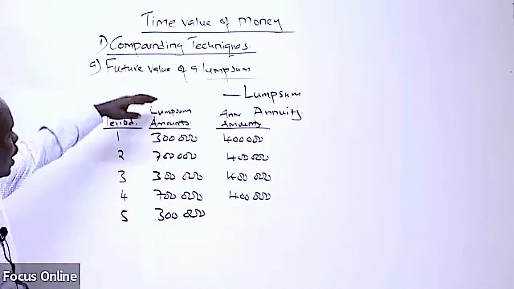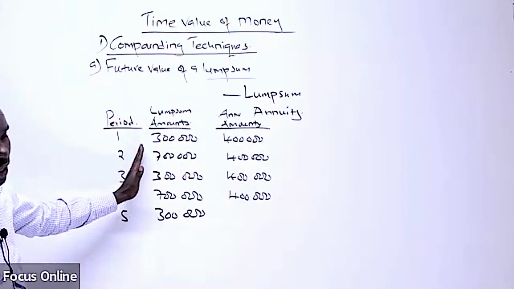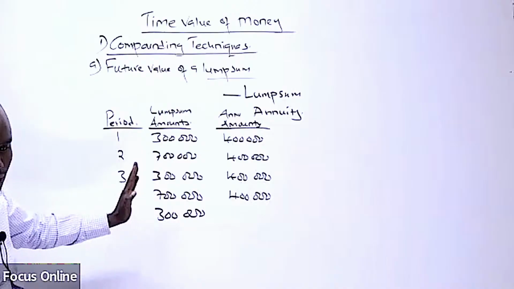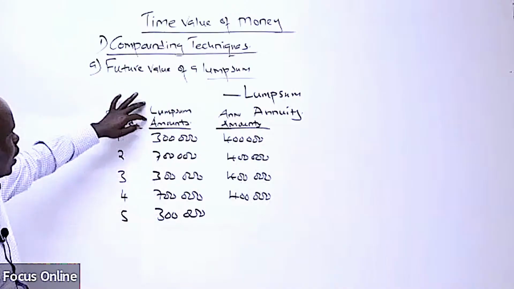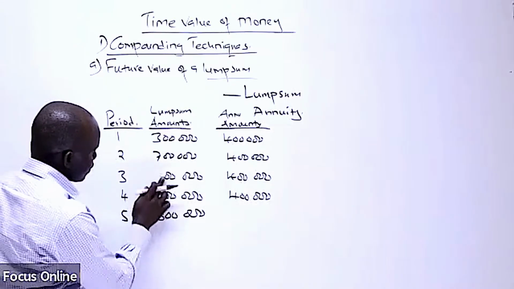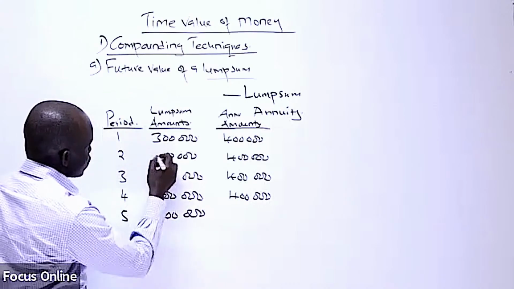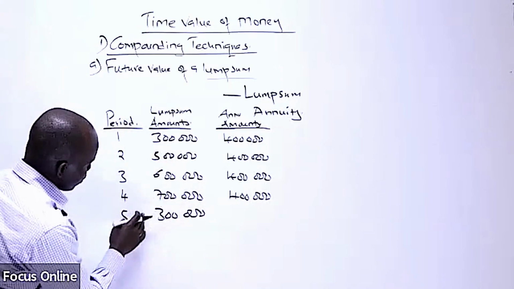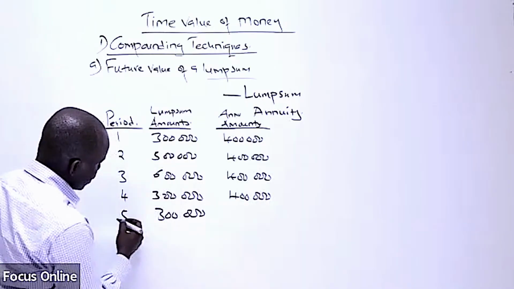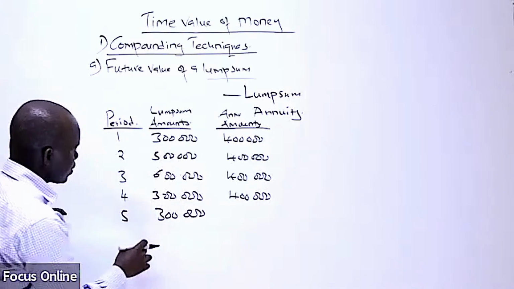That is clear: a lump sum and an annuity. This is a concept that we are going to use a lot in financial management, and that is why I want you to be able to differentiate lump sums and annuities. Again, let's say this was 500, and let's say 300,000 here.